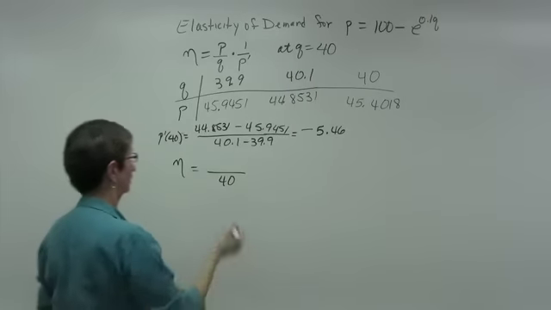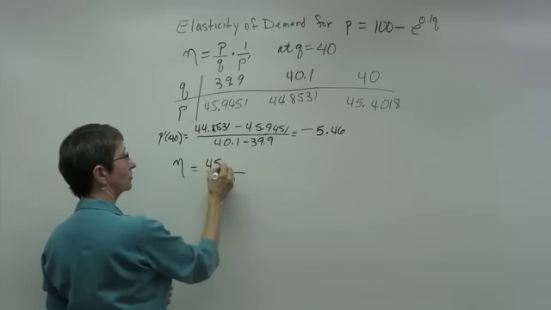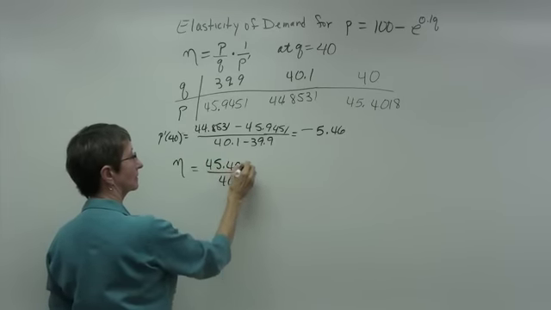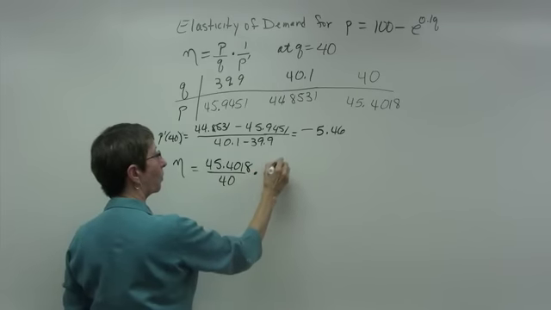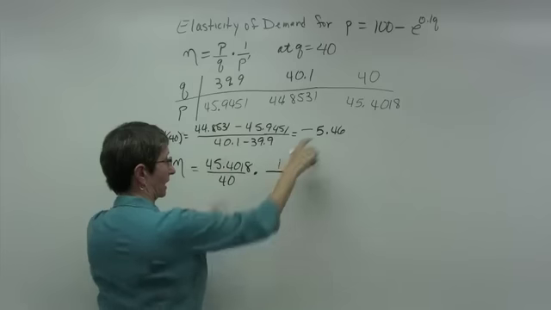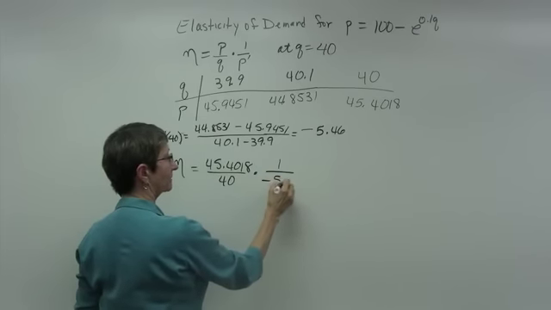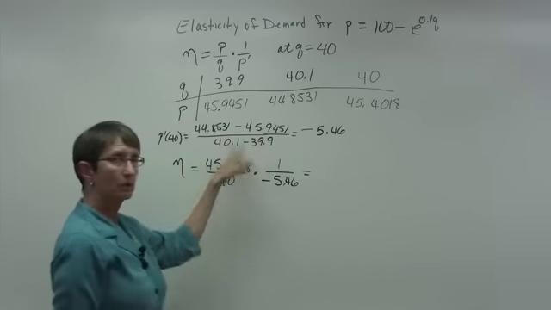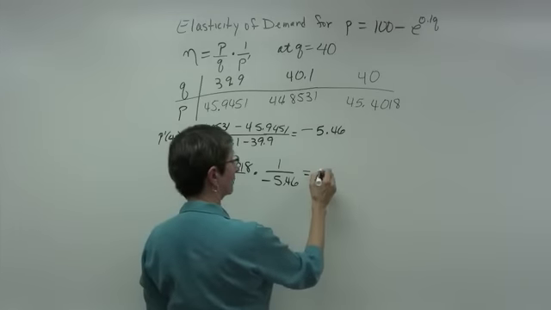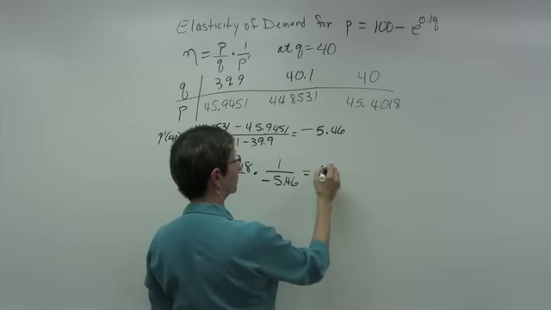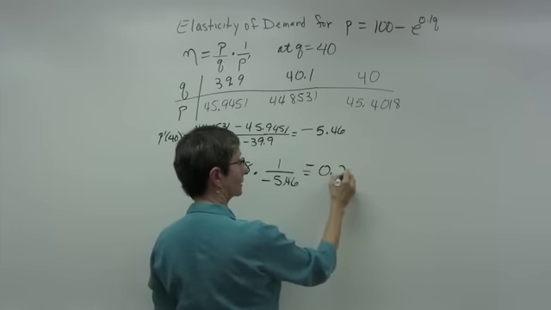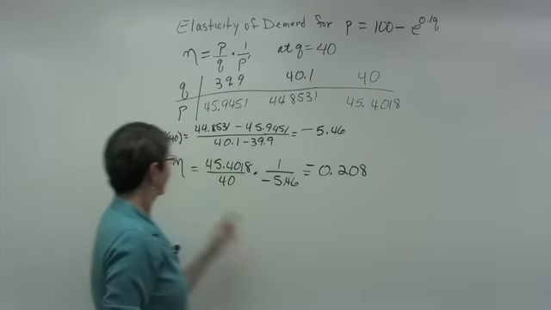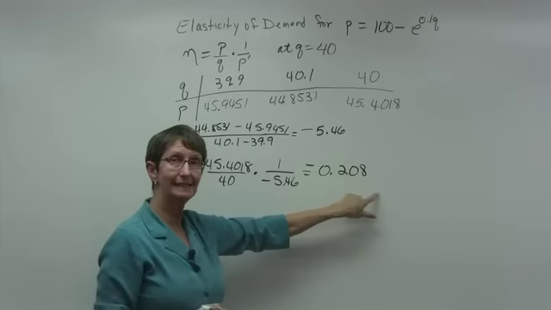That's my P value. That is the numerator. Multiplied by 1 over P prime, which is negative 5.46. Do all that multiplication and division, and I come up with negative 0.208. This is the value for elasticity.